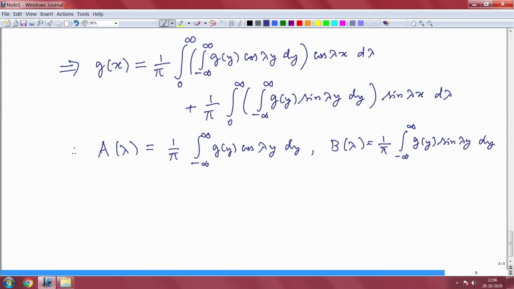So this is nothing but the Fourier cosine transform of g, and this is the Fourier sine transform of g.